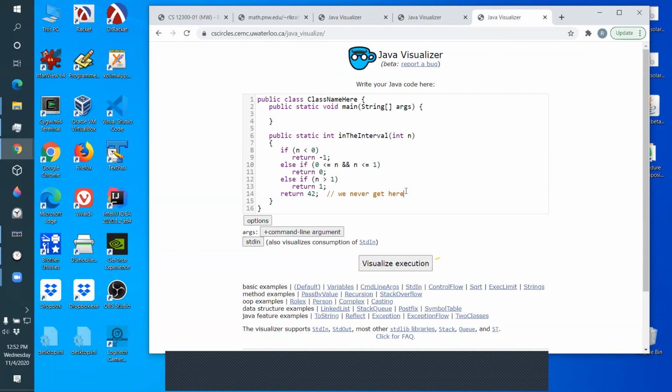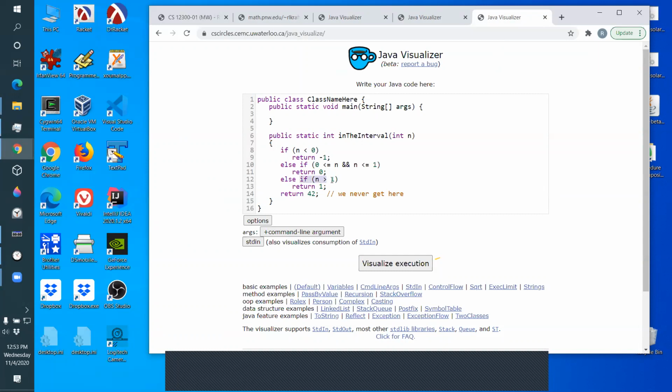What we really should do is not have had that third if statement. We know we can't have all three of these false. If this one's false and this one's false, this one's got to be true.